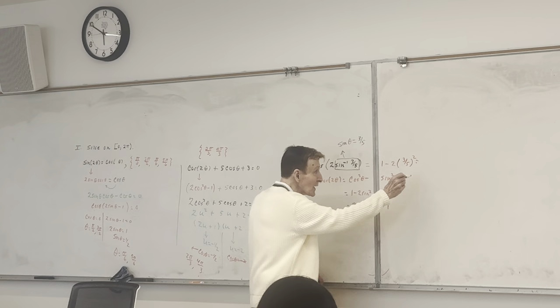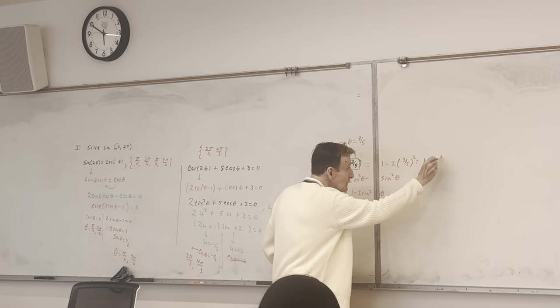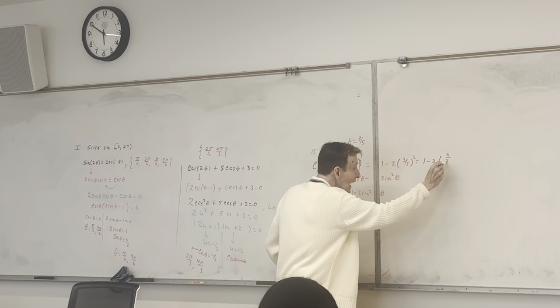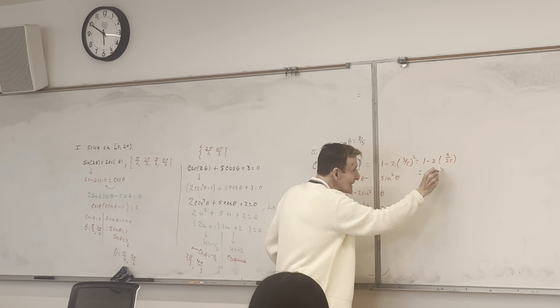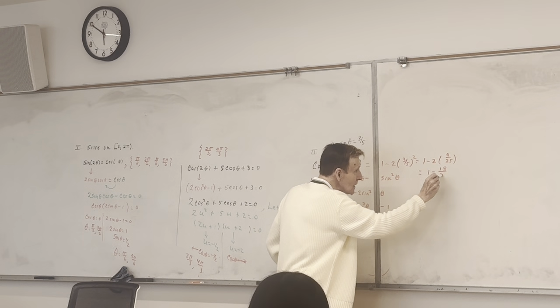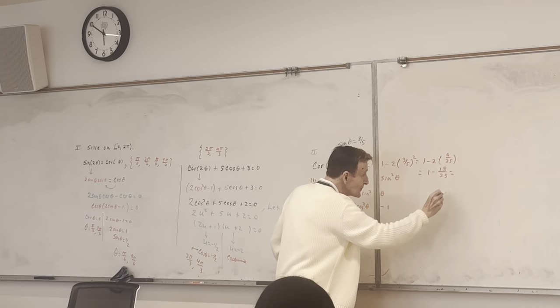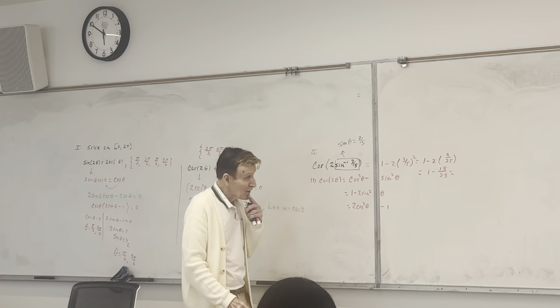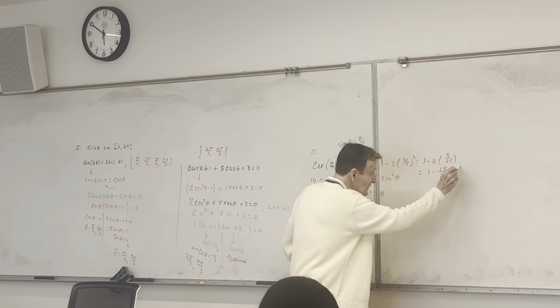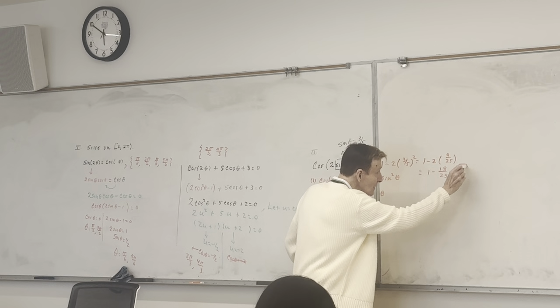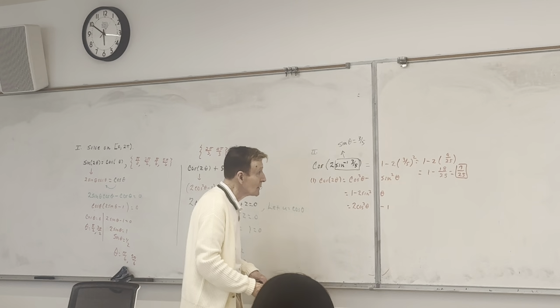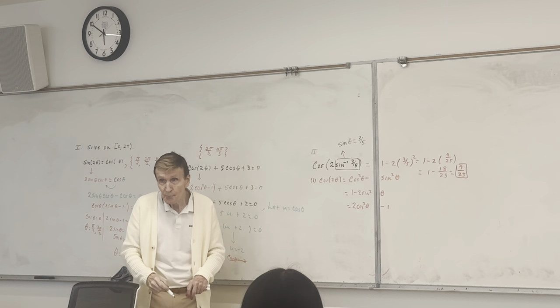This is 1 subtract 2 times 9 over 25. 1 subtract 18 over 25. Common denominator 25, I think it's 7/25. Yes or no? There's the final answer.